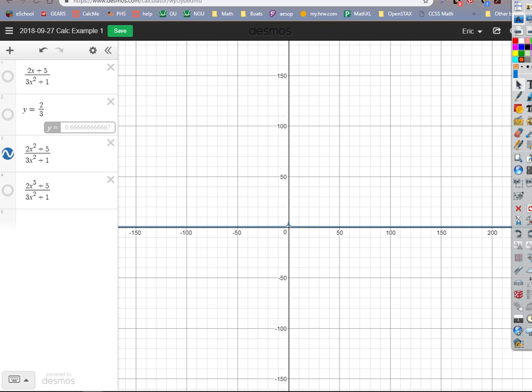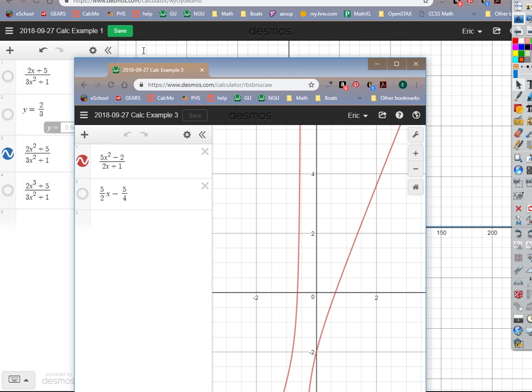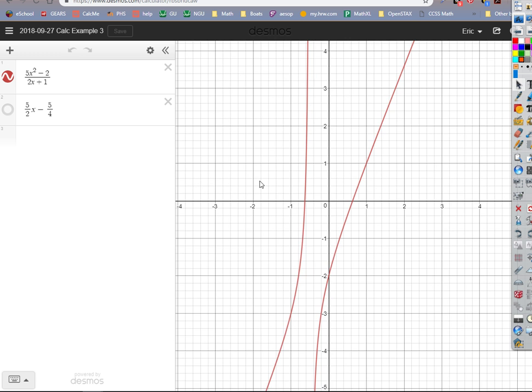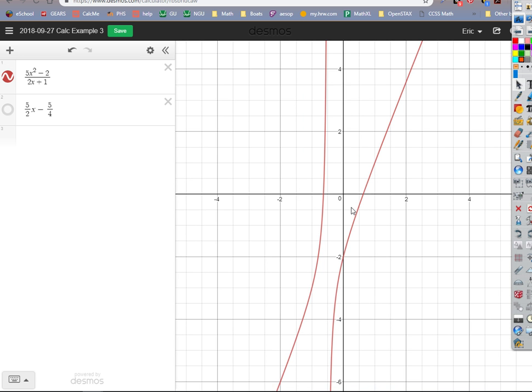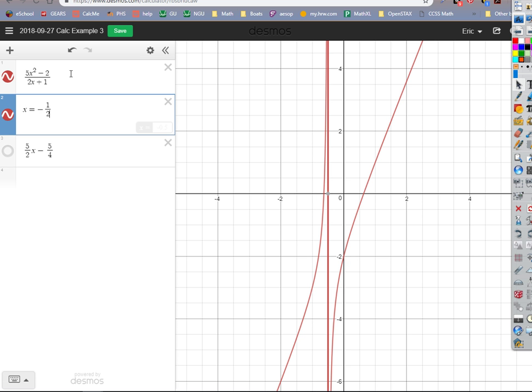I'll talk about how to get slant asymptotes pretty soon. Here's another one, right? Locally, it does weird stuff. It's got a vertical asymptote at x equals -1/2, doesn't it? If I graph the function, there's an asymptote.